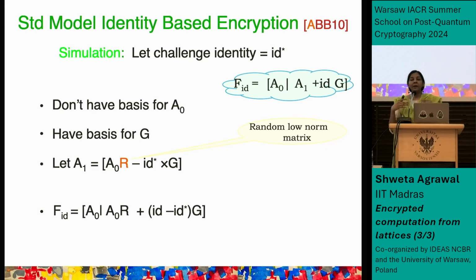The way that I'm letting it depend on ID is via this matrix here. So A1, I'm going to define in a special way. Notice that in the real world, this A1 was chosen uniformly random. Here we're programming it to have this special algebraic structure. However, what we already saw yesterday is that this specially designed matrix nevertheless looks random.